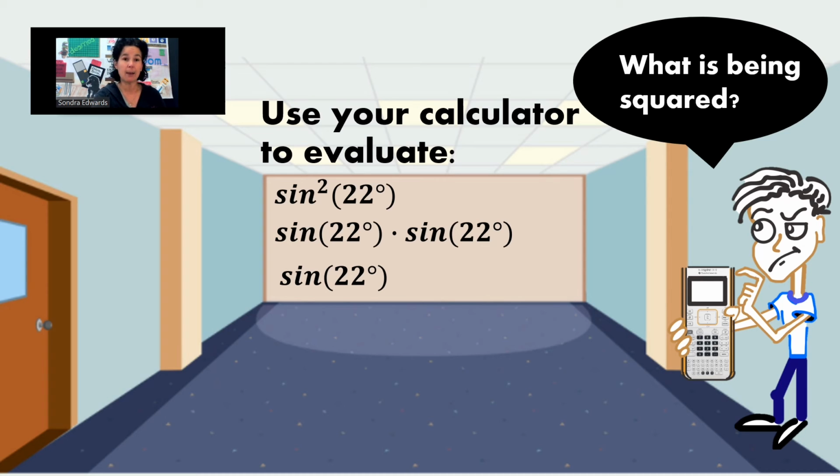So ultimately, I'm going to write the sine of 22 degrees to the power of 2. Just some foreshadowing: if you are in precalculus and later take calculus, as soon as you see something that has an exponent trapped inside like that, the very first thing you should do is rewrite it as the whole thing to that power.